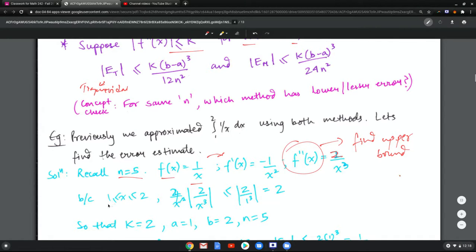Now because we are in the interval 1 to 2, x is between 1 and 2, so 2 over x cubed is going to be less than or equal to 2 over 1 cubed, which equals 2.